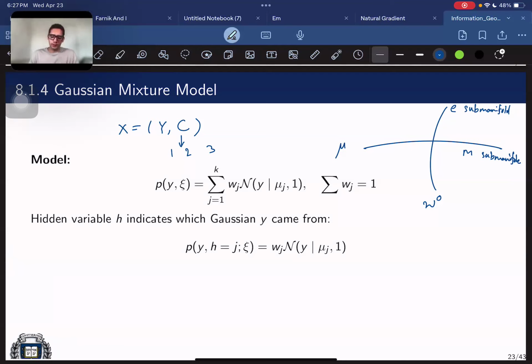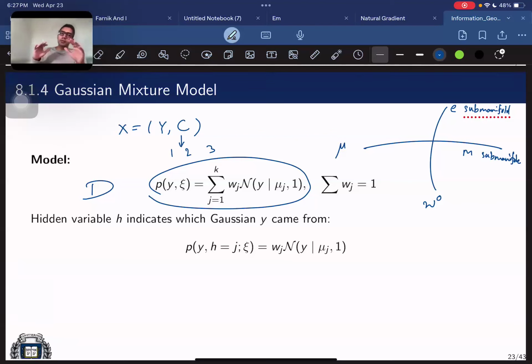This is our data manifold. Every true distribution would ideally have some of these W's be 1 for each data point and some be 0 for each data point. By considering the space of all possible Wj's, you are including those. Of course, you are including a lot of other data distributions as well.